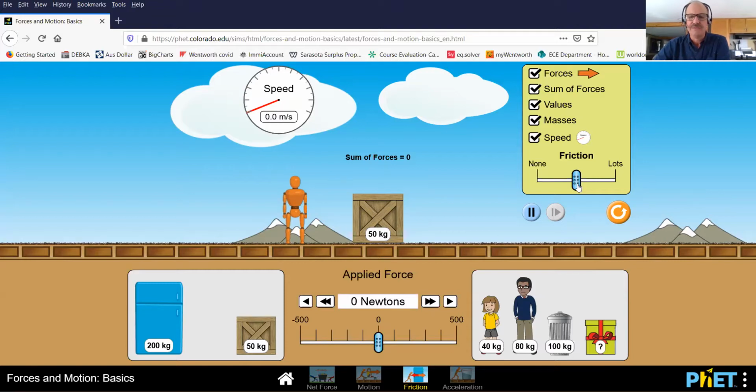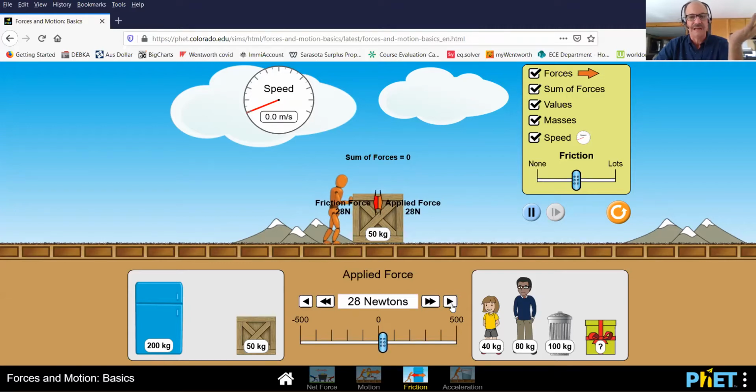I want you to leave the friction setting exactly where it is set when it starts up. Then I want you to start pushing on this to move it. You're going to have to increase the amount of force that you're pushing with.